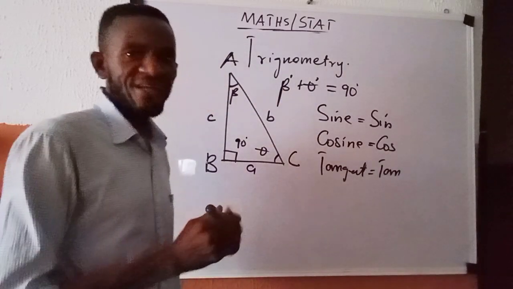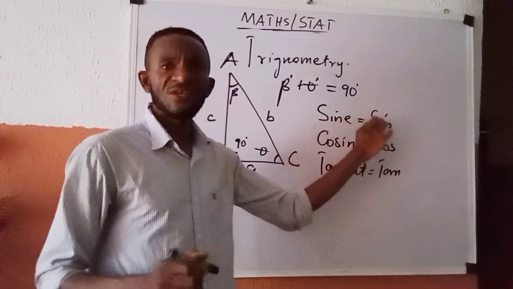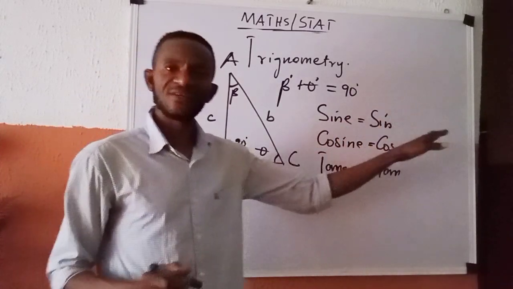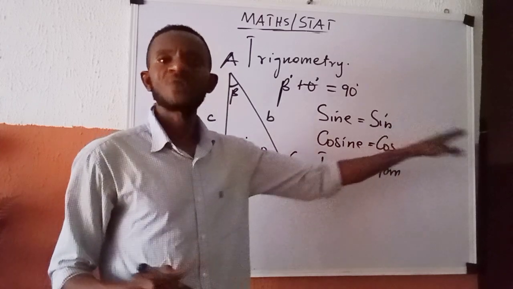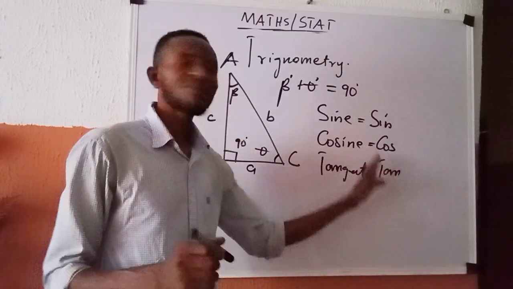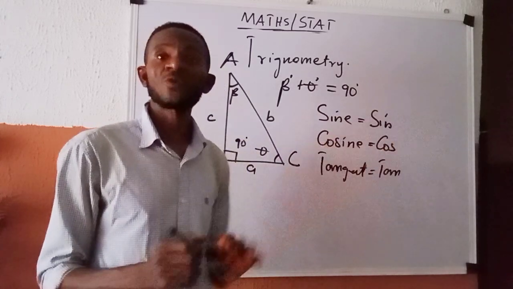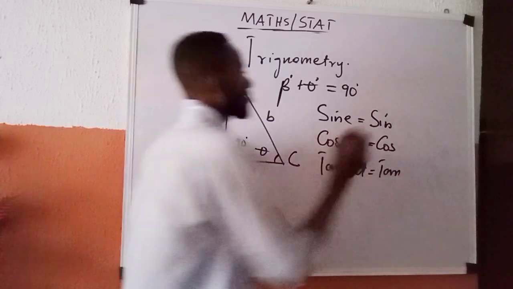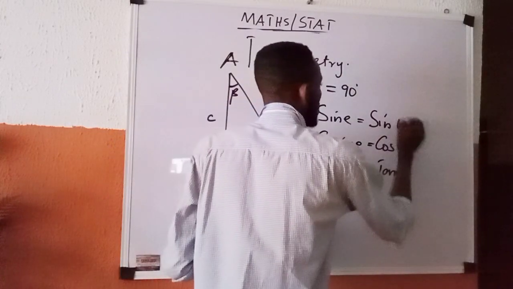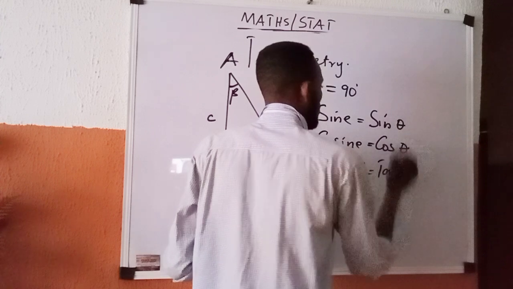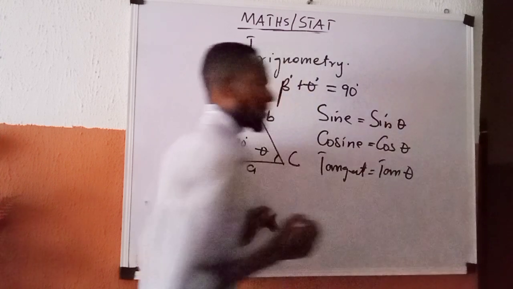And bear in mind that when you talk about sine, you are talking about sine of an angle. You talk about cos, you talk about cos of an angle. And you talk about tan, you talk about tan of an angle. So with reference to this theta, we will be talking about sin theta, cos theta, and tan theta.